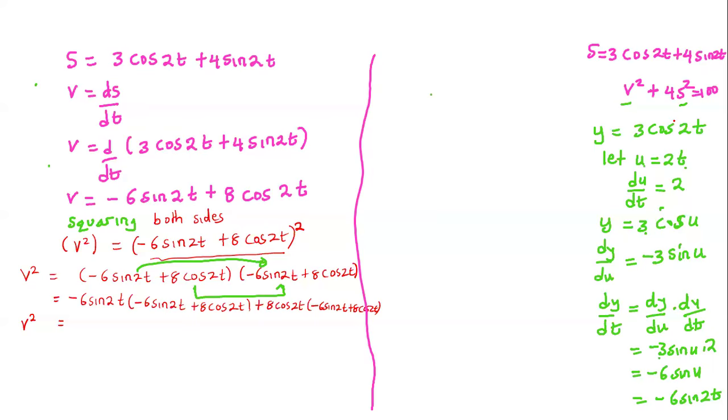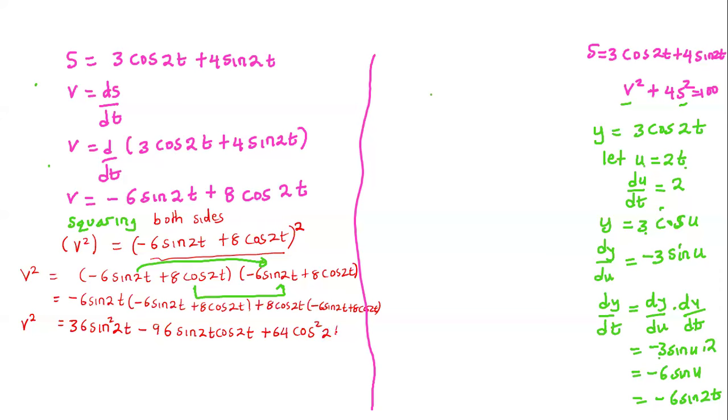Okay, so we open the brackets. We have 36 sine squared 2t minus 96 sine 2t cos 2t, plus 64 cos squared 2t.